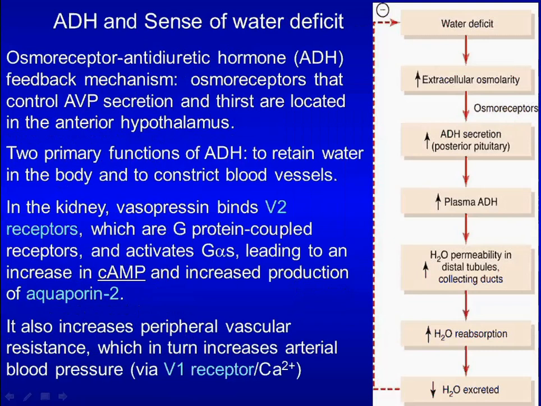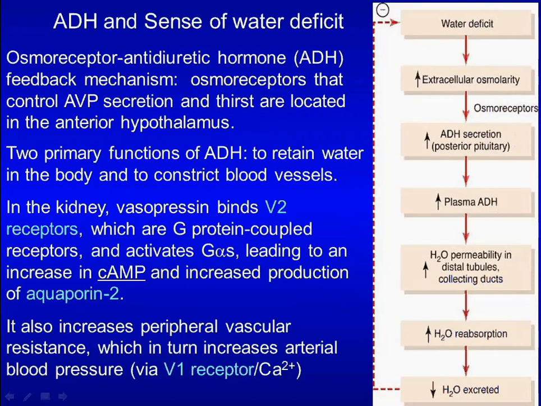Water deficit leads to an increase in extracellular osmolarity, which is detected by osmoreceptors. These receptors send a signal to ADH-producing neurons and stimulate ADH secretion. As a result, plasma ADH levels rise.